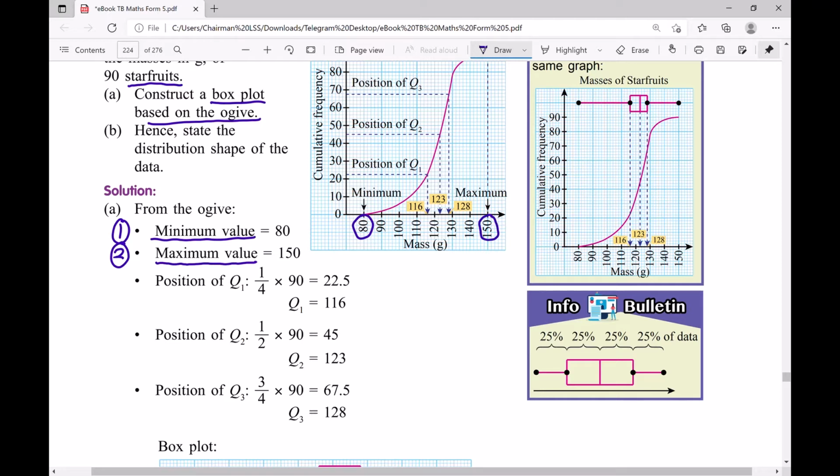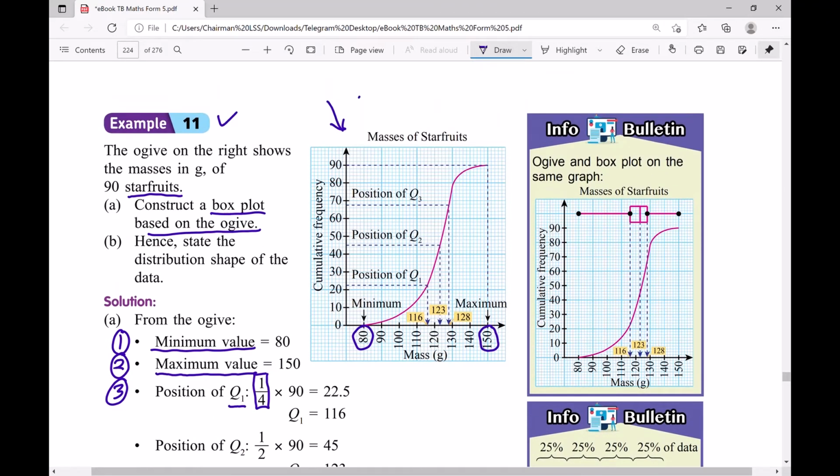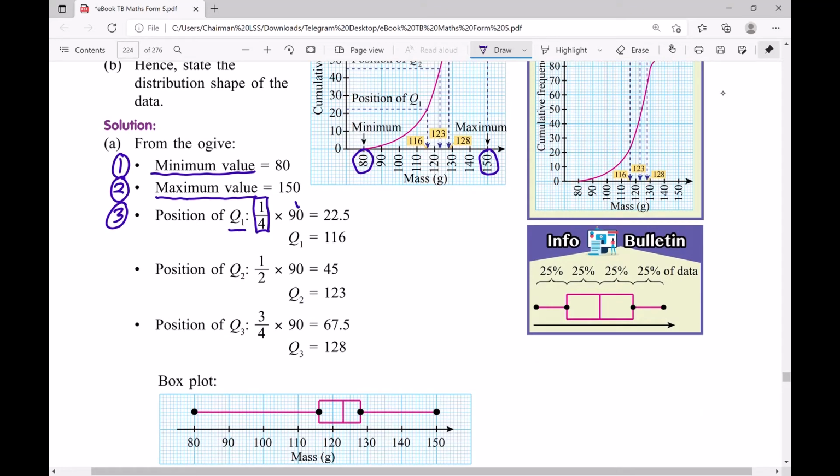And number 3, you have to find your first quartile. Use the formula 1/4 times the total frequency. You can see from this graph, the highest frequency is 90. So you multiply by 90, you get 22.5.